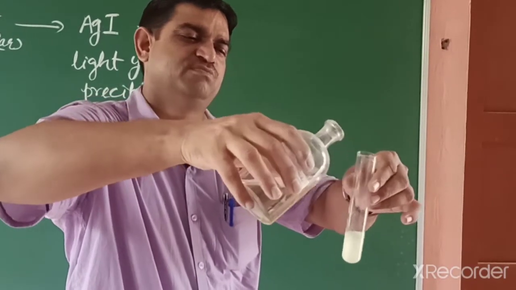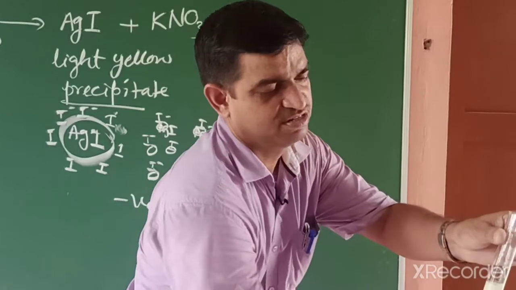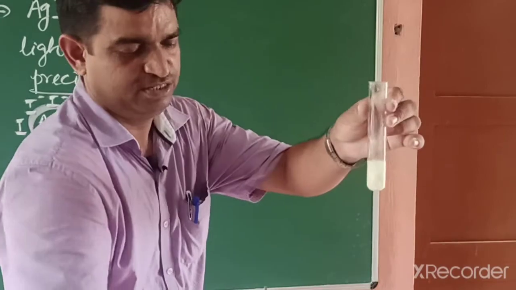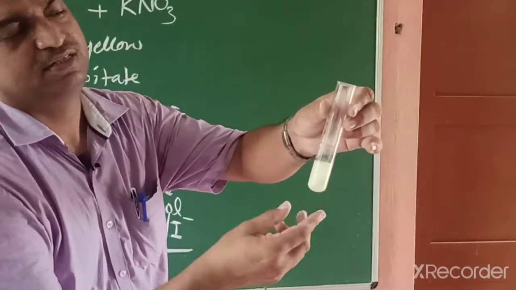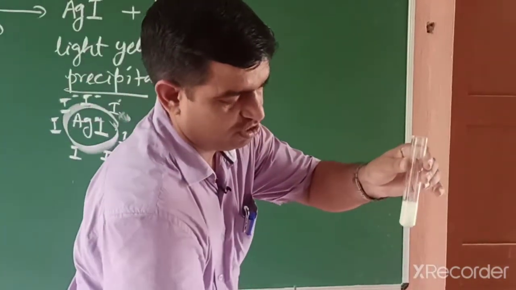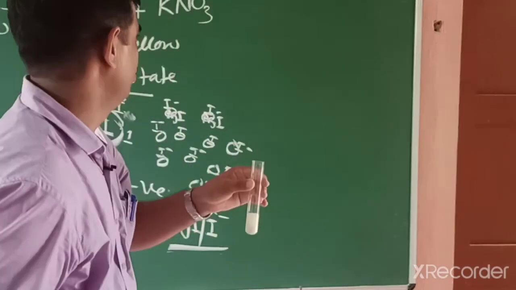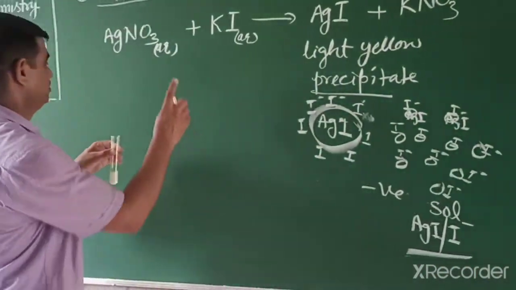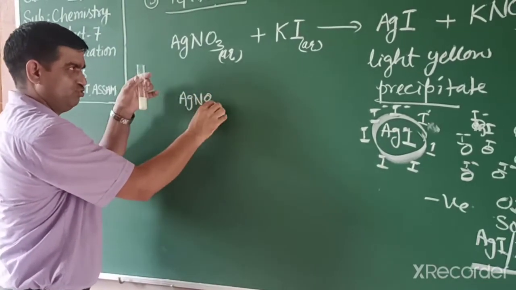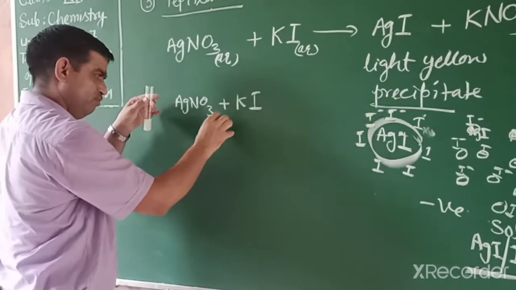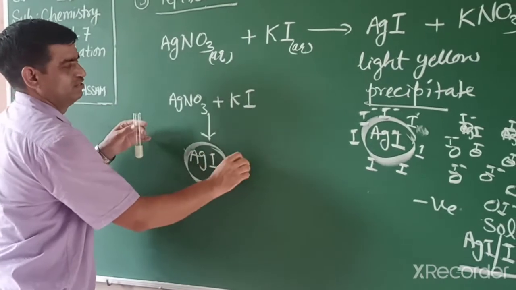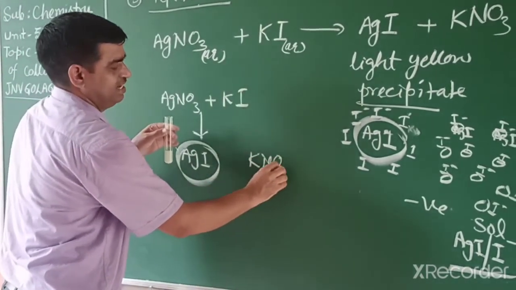It is the same process, and a light yellow precipitate is observed in this way. But in this colloid, silver ions adsorb, because here silver nitrate is in greater amount, so this is a positive sol. We can explain it in this way. If at first I take silver nitrate in a test tube and then potassium iodide, it is the same reaction: silver iodide precipitates out, and potassium nitrate remains in the solution.